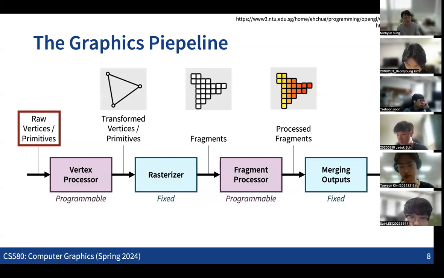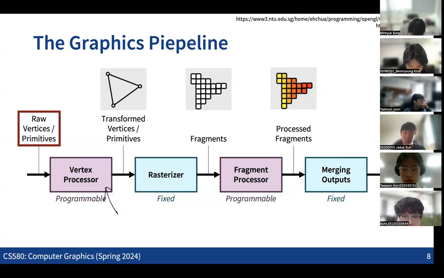We have the vertex shader language, and the shader language for the fragment processing as well. But there are some typical ways to implement these two components. Especially for today, we are going to focus on how we need to implement this vertex processor. And then we're going to also see how the rasterizer works in the OpenGL pipeline.